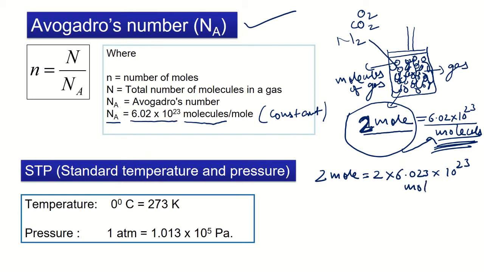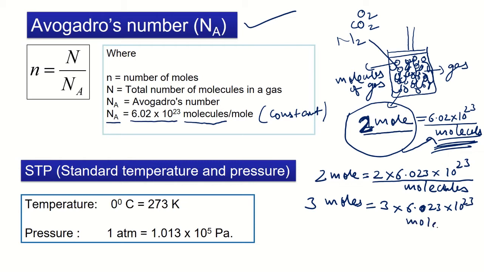So in 3 moles of gas, the number of molecules will be 3 times, 3 into 6.023 into 10 to the power 23.